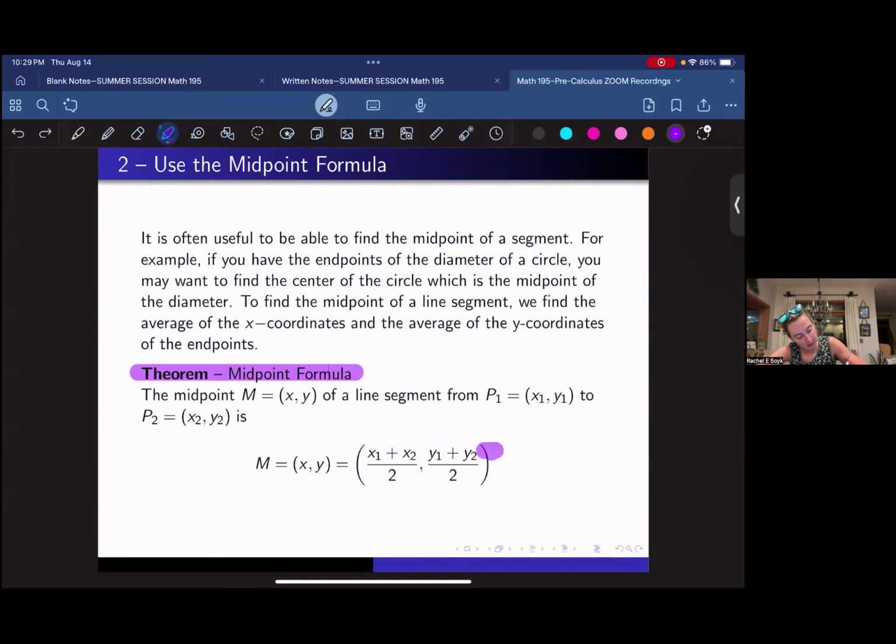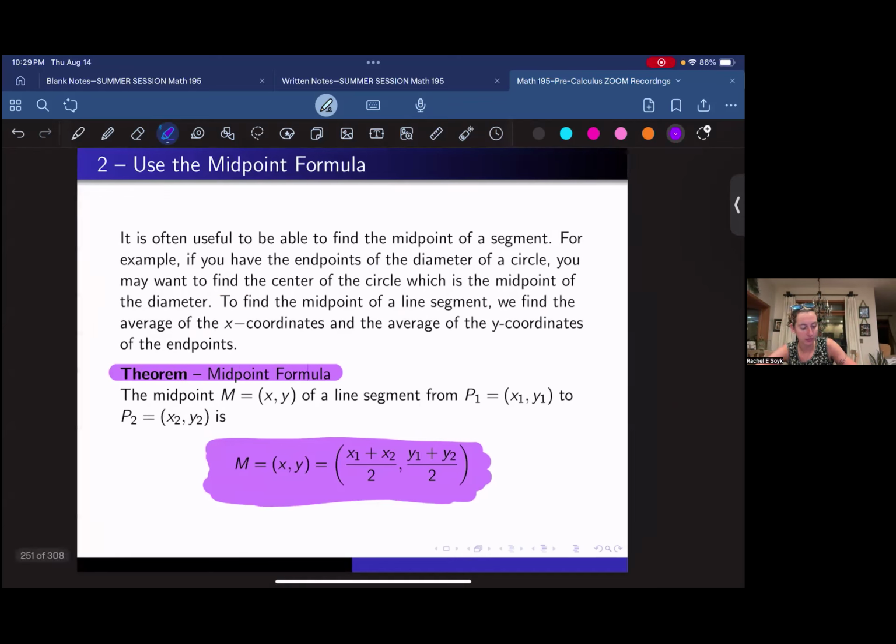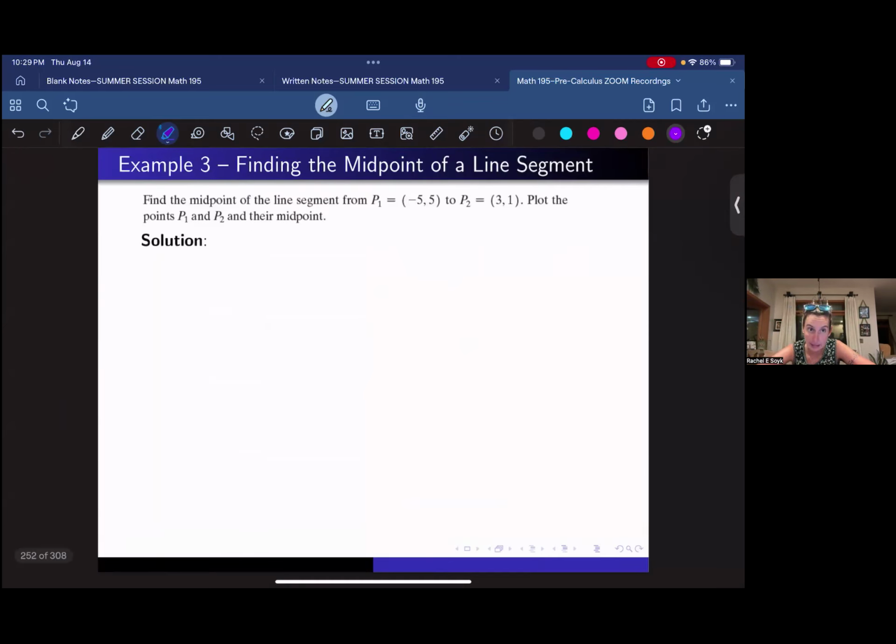So midpoint formula, this is just the notation of it. Okay, it's the middle point of a line segment. So now knowing this, let's apply it to our example 3. We're asked to find the midpoint between P1 and P2.